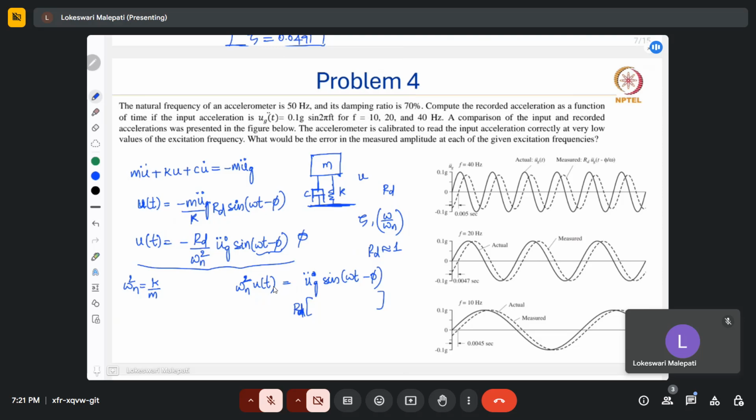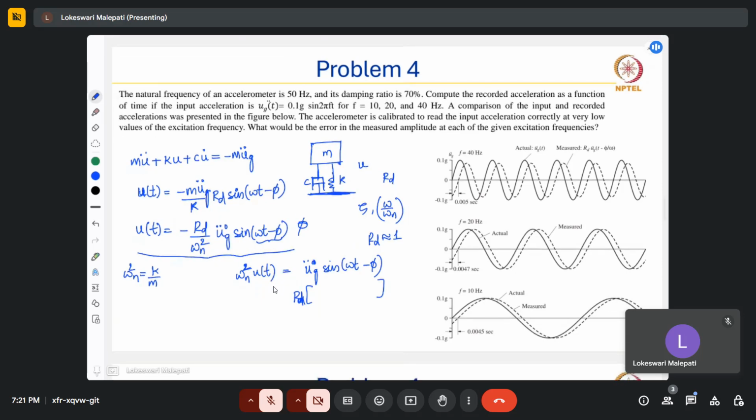A comparison of the input and recorded accelerations was presented in the figure below. So we need to find the recorded acceleration as a function of time. That means we actually need to find this term, minus RD, which is given here.